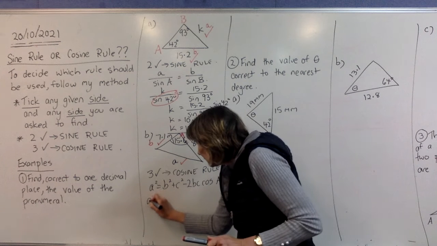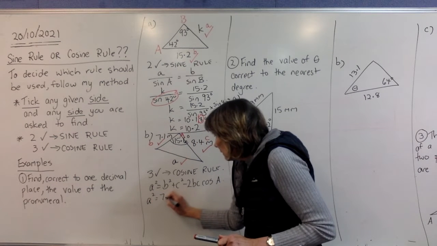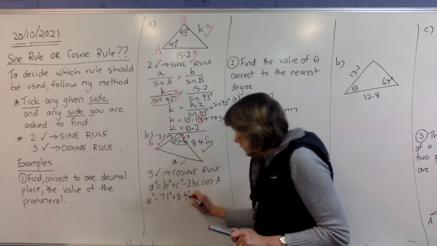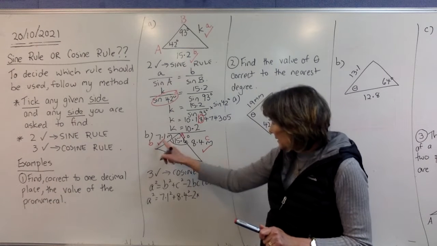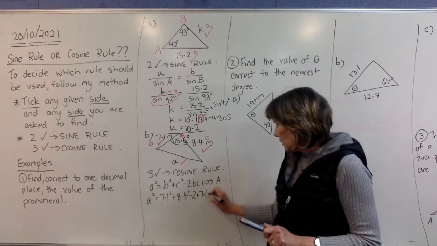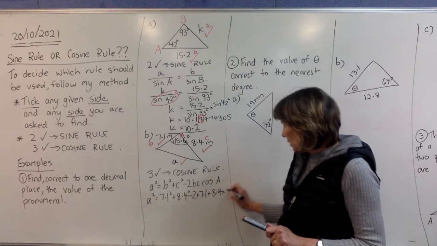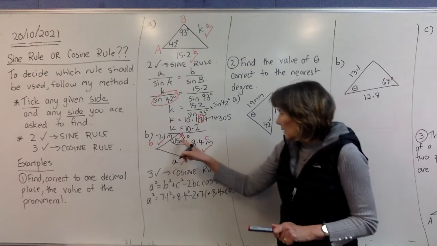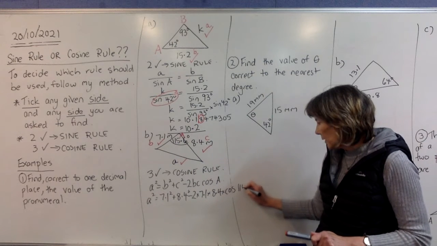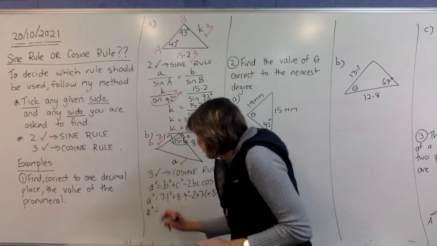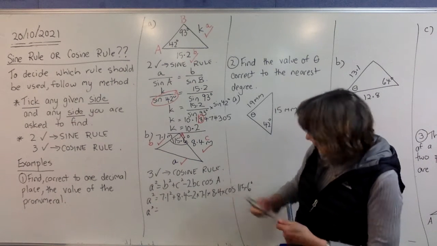So subbing in, let's see what we've got. So we're up to here, now we're doing minus 2 times b is 7.1, times c is 8.4, times cos 115.6 degrees.